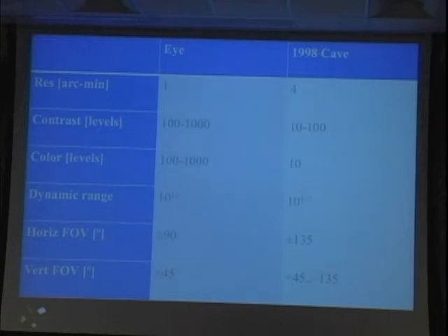So for our eye, this plus or minus 90, in the cave we had in 1998, plus or minus 135. So we could fill the horizontal field of view and give you 45 degrees in each direction to turn your head before you started seeing out the back of the cave. Now, in front of us, we really only went up 45 degrees. So as soon as you looked up a little bit, you saw that top edge.